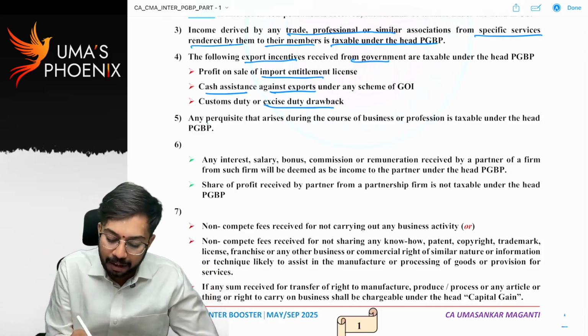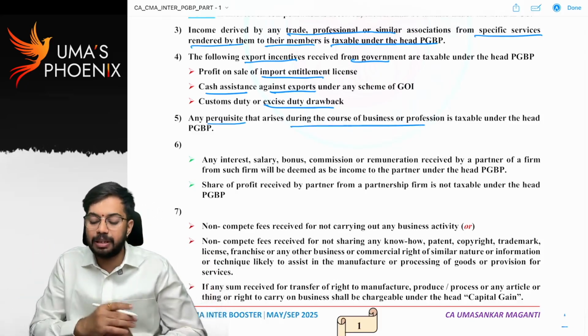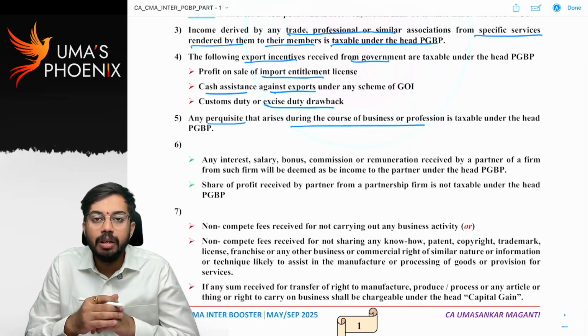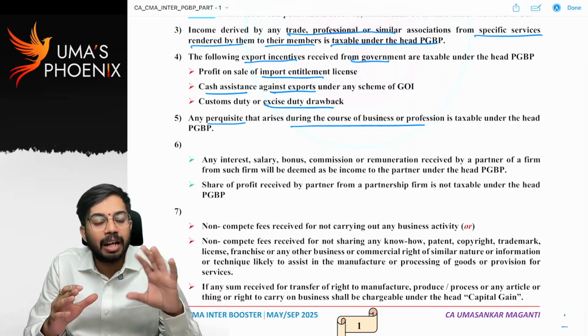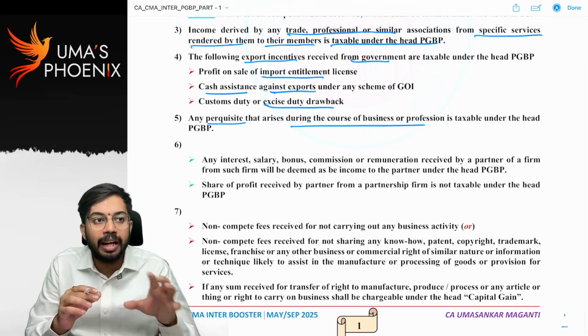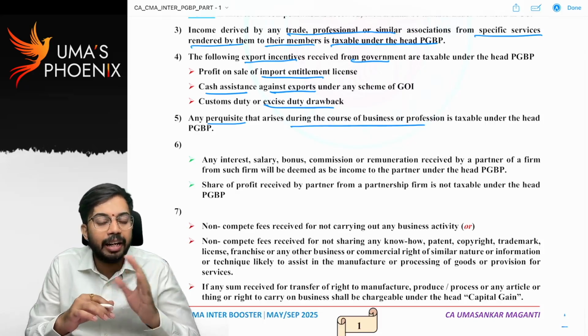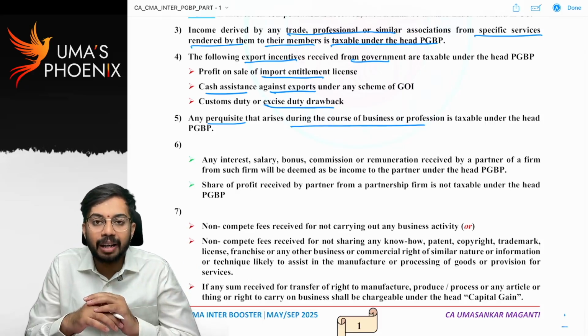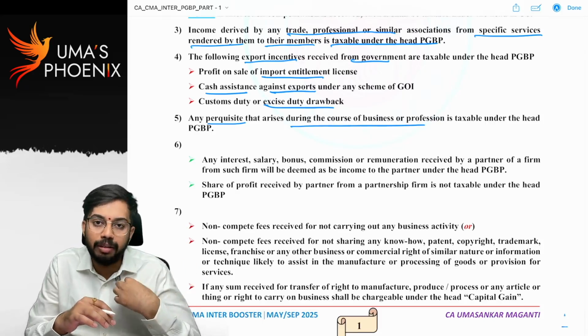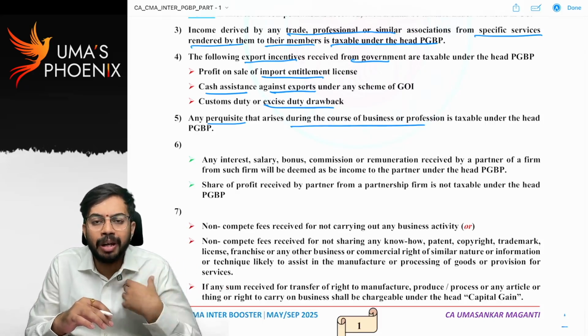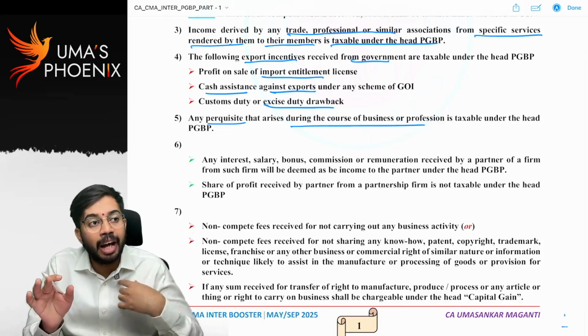Next, any perquisite that arises during the course of business or profession. I provided one service to the client. Client did not give me cash. Client did not pay me fees. But client gave one mobile to me. Whether client gave the mobile to me free of cost? No. I gave him service.